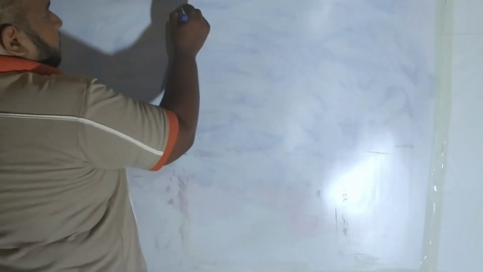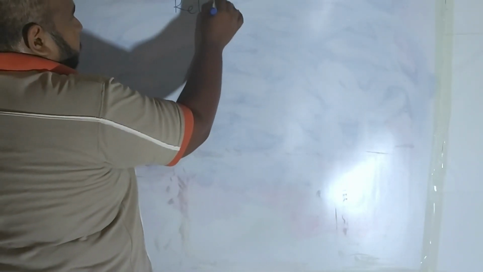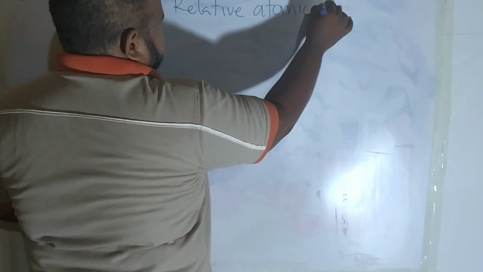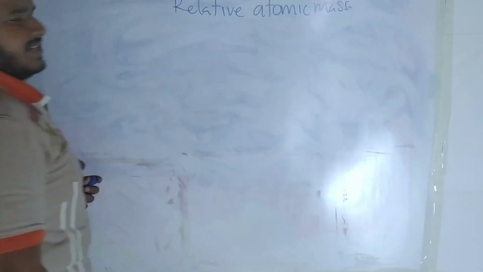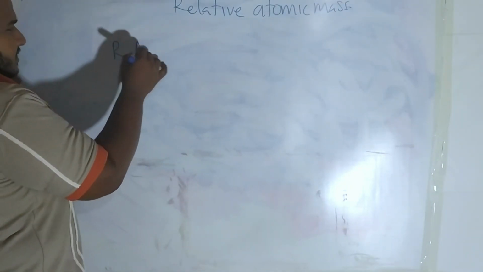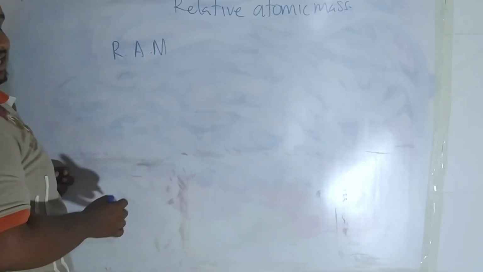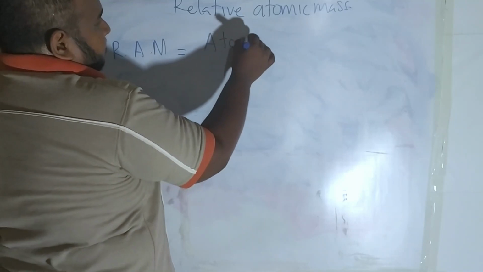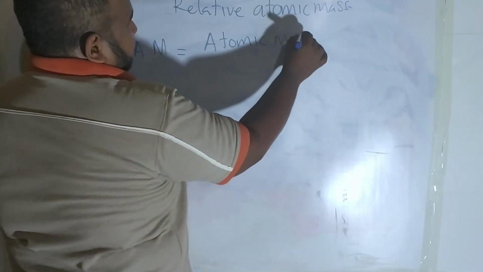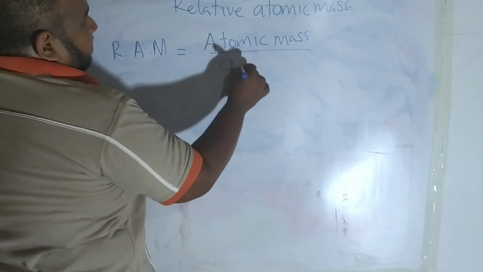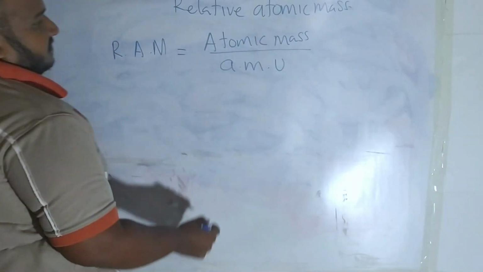Next, we are going to study about relative atomic mass. It is a very simple format. We studied that relative atomic mass, which I symbolize as RAM, is equal to atomic mass divided by atomic mass unit.